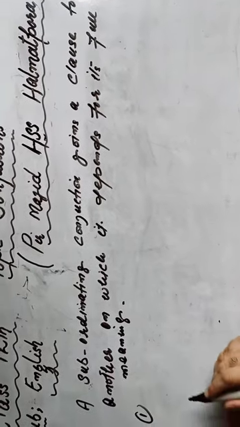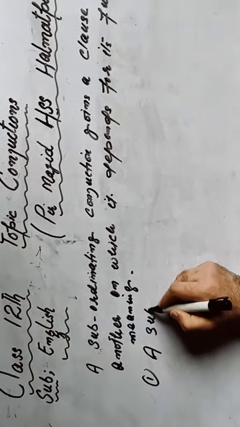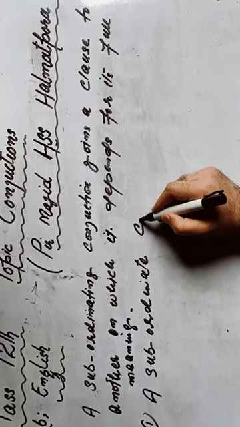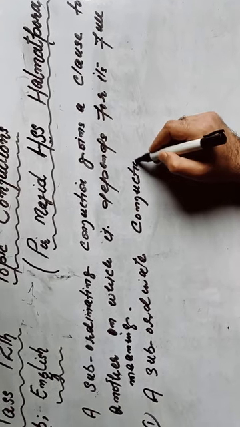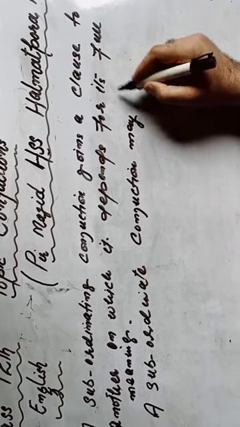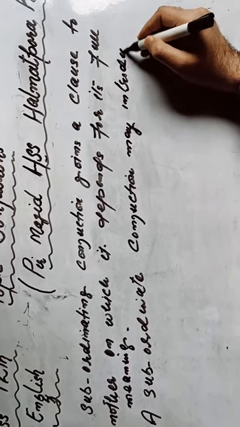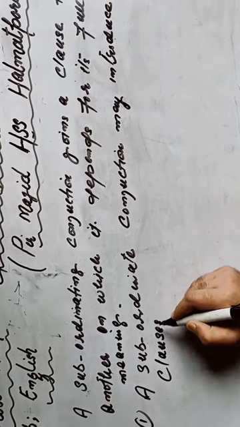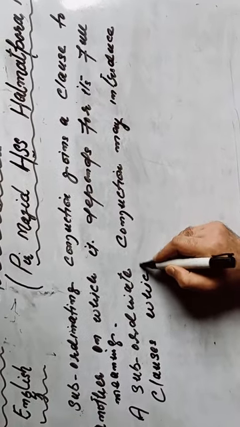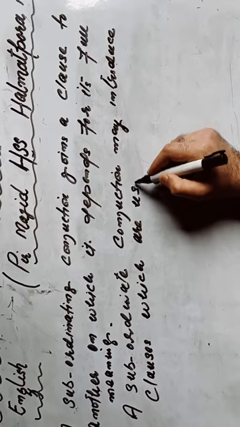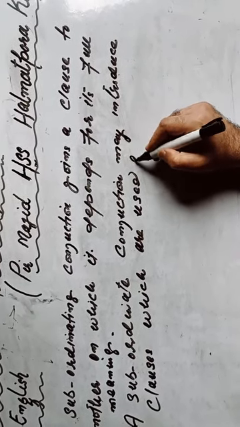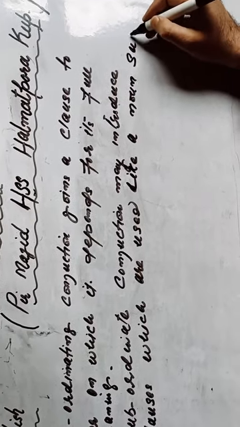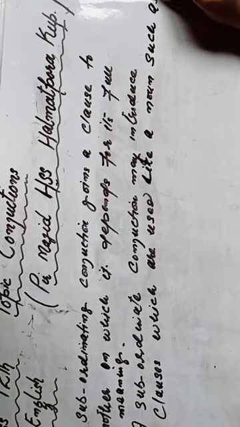In the first case, a subordinate conjunction may introduce clauses which are used like a noun, such as that.